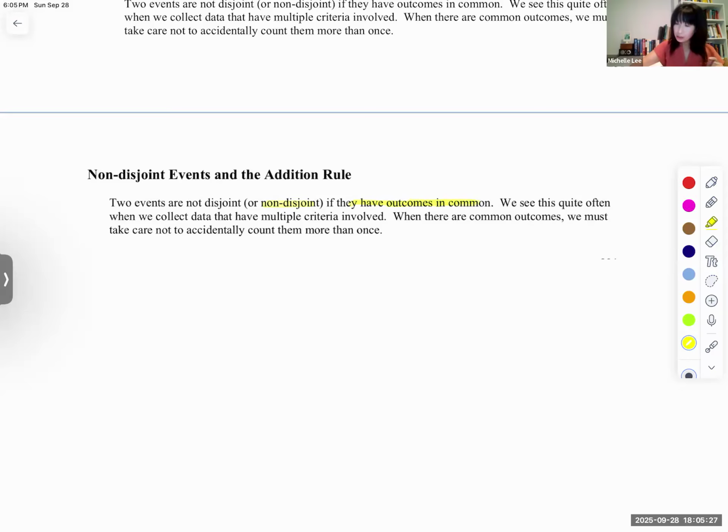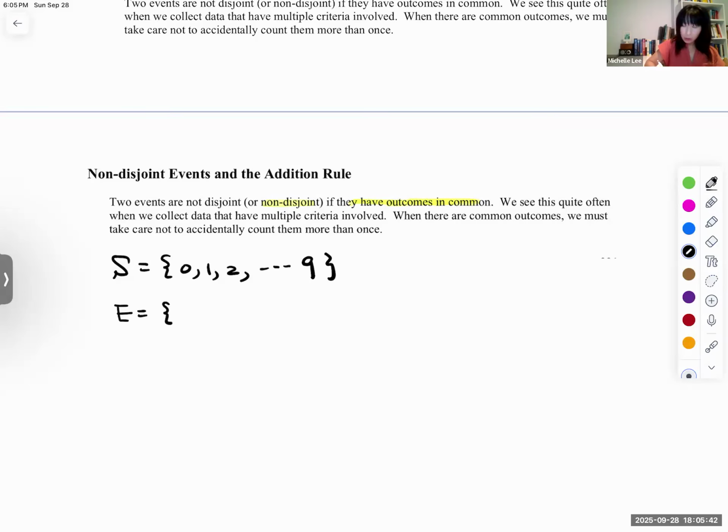Okay, so what does this mean? Let me give it to you with numbers. We have a sample space from 0 to 9. Event E has, I'm going to pick random numbers, 0, 1, 5, 7.